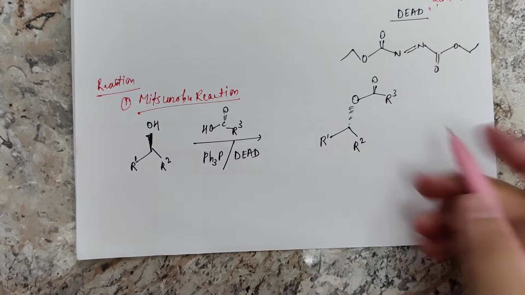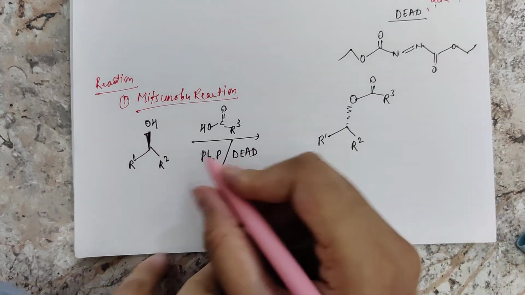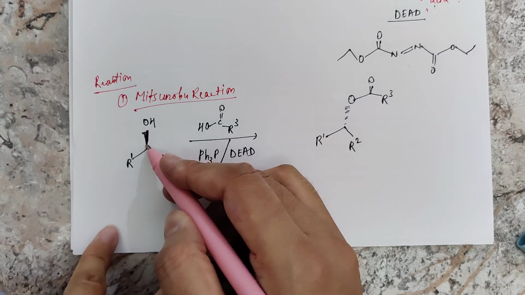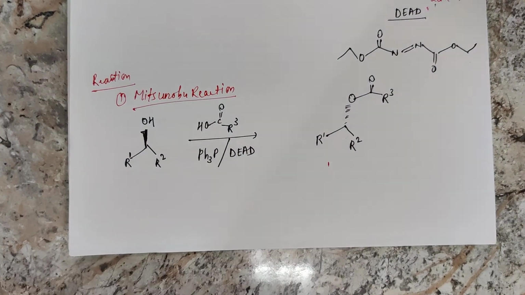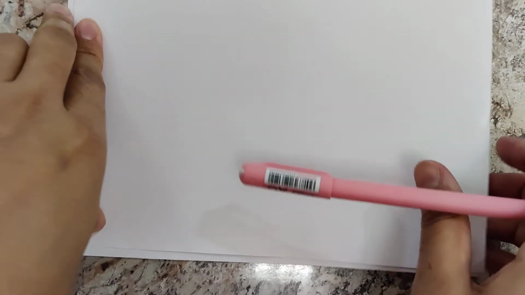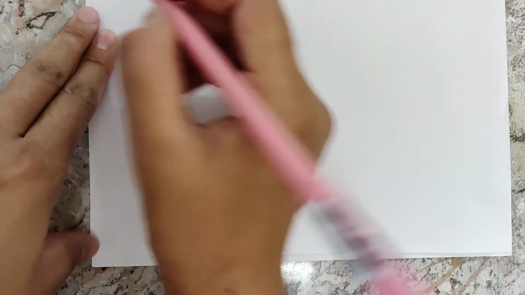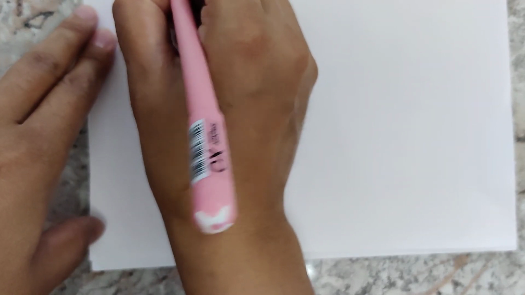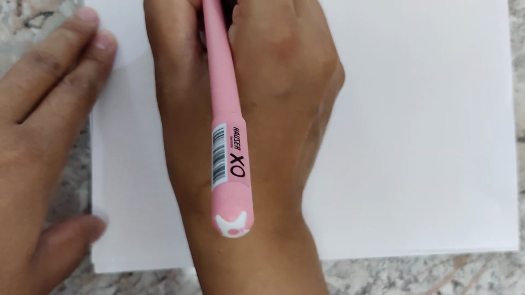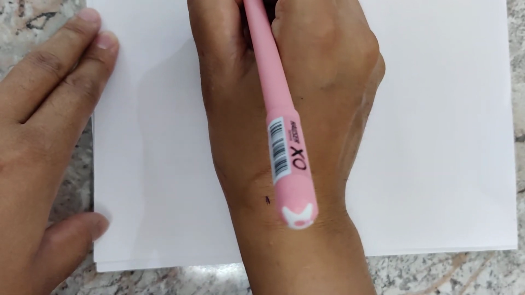And here inversion of molecular symmetry takes place. If this OH group is above the plane, you will get this as below the plane. If we look at the second reaction, it is hetero Diels-Alder reaction.